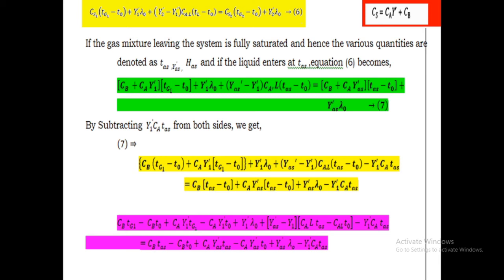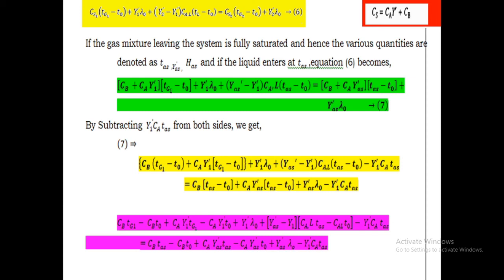So this is the inlet gas value. Plus the liquid condition Y2 dash minus Y1 dash. So what is here? Y2 dash changes into YAS dash. The S refers to saturation. Why? Because at the outlet condition, the gas is fully saturated. That's why Y2 dash changes into YAS dash minus Y1 dash. There is no change in the inlet condition.